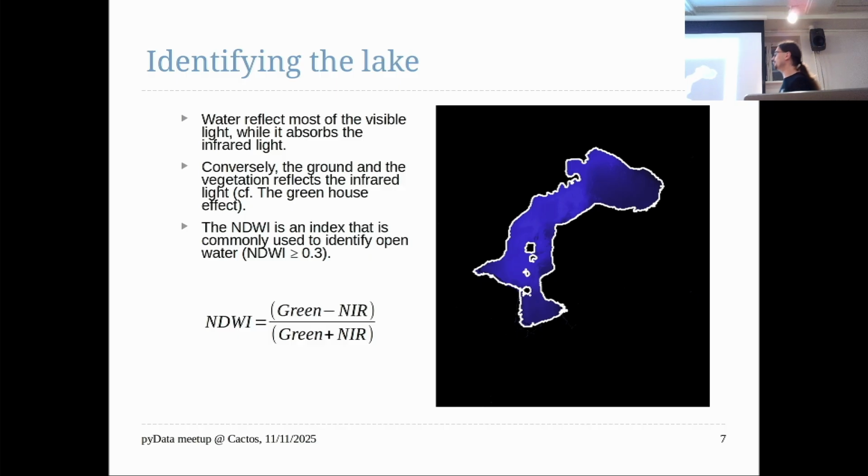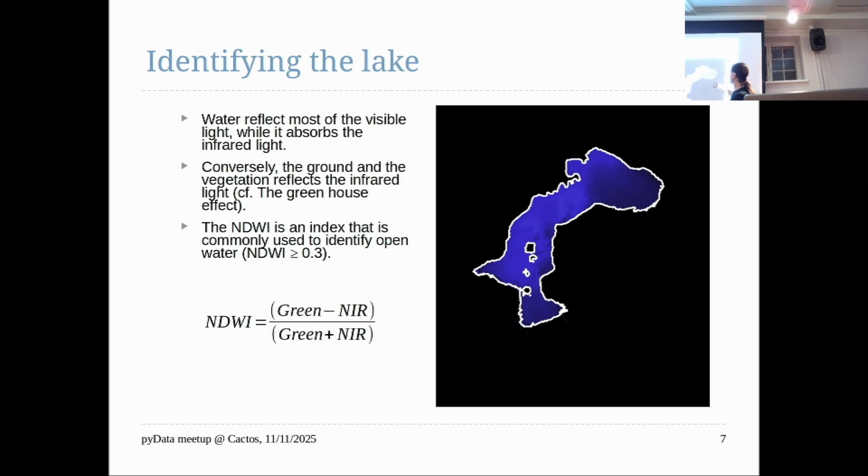So if you use an index that is a ratio between visible and infrared light, you can get this image which shows this index, which by construction is between -1 and 1. And typically, people say above 0.3 is just water.